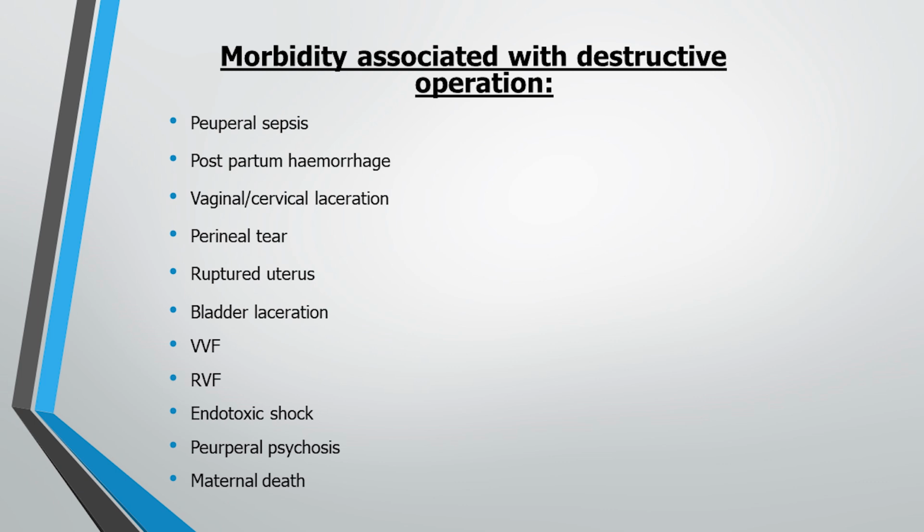Postpartum hemorrhage is a major problem, because the woman has been in labor for a long time before they come to you. Then there could be vaginal laceration or cervical laceration, perineal tear, ruptured uterus, bladder laceration, vesicovaginal fistula, rectovaginal fistula, endotoxic shock, puerperal psychosis, and maternal death, all of which could result from this destructive operation.